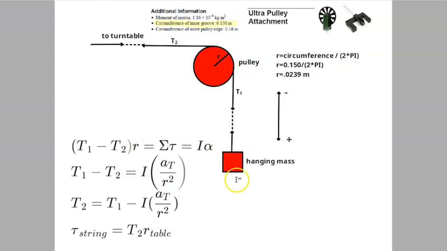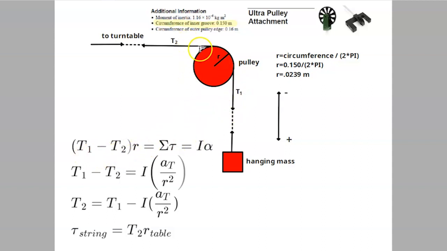I have chosen the direction of motion of the falling mass to be the positive direction. So to agree with that, that means my pulley now, the clockwise direction is the positive direction, and the counterclockwise direction is the negative direction. So T1 times the radius is my positive torque produced by T1.